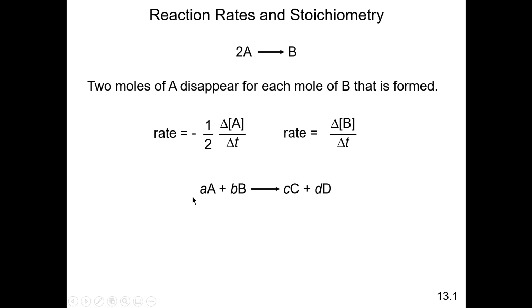So for any reaction of this type, again another hypothetical example, we can write down relationships between the rates of A, B, C, and D in this reaction.